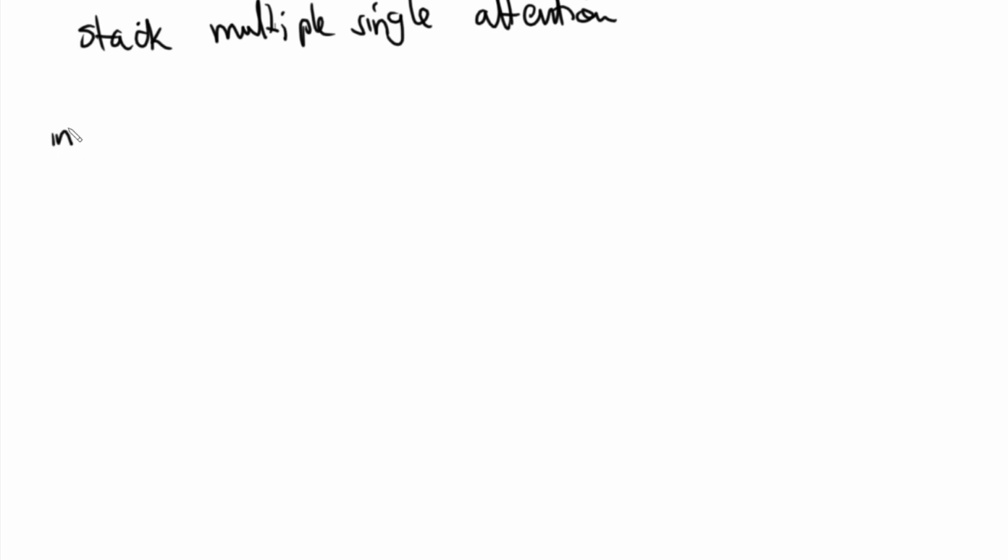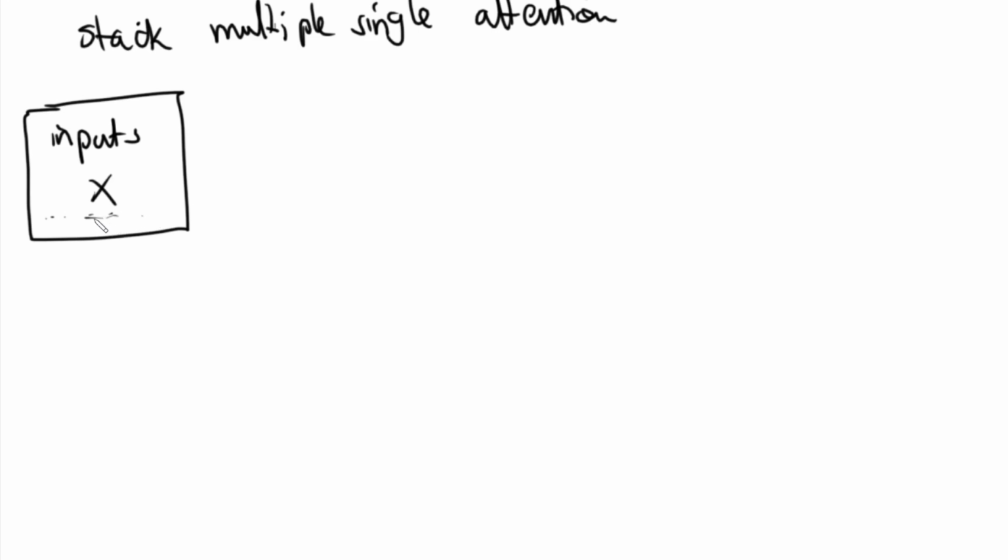So we are going to have our inputs, which is our x here, and our x is going to have the embeddings for the tokens, right? And if you remember, the fifth one was 0.7, 0.2, and 0.1, like that.